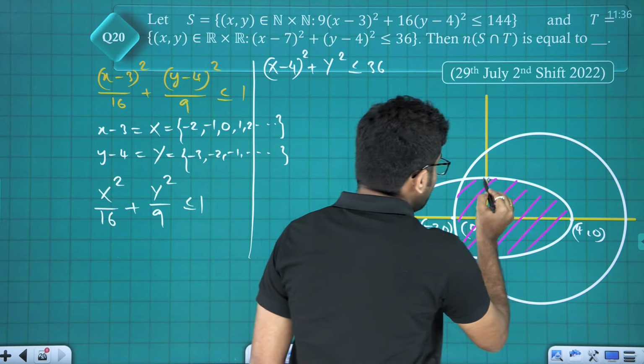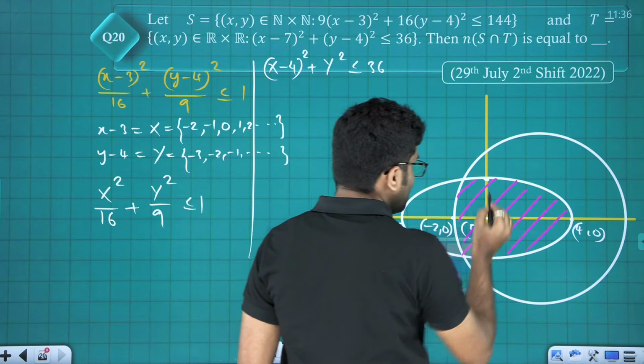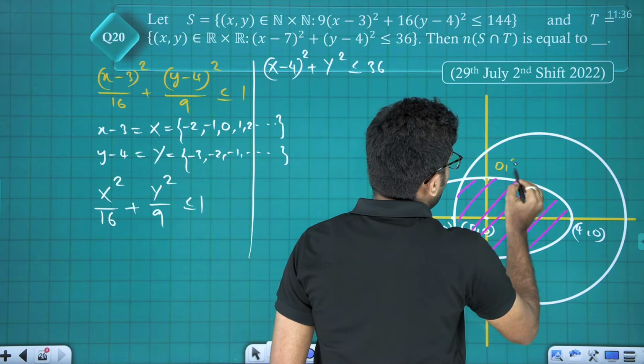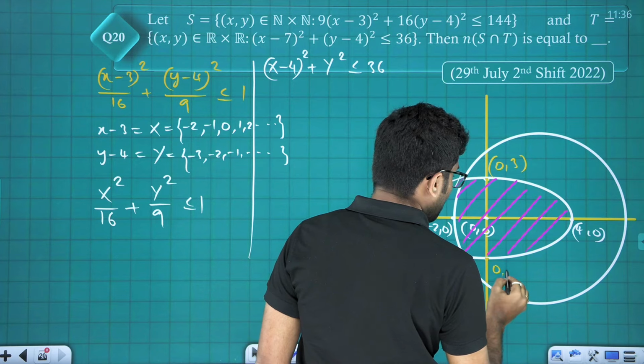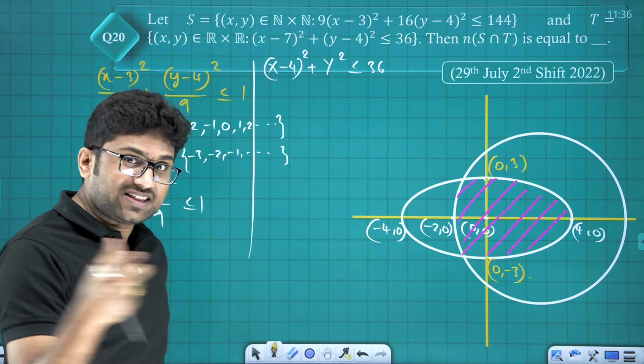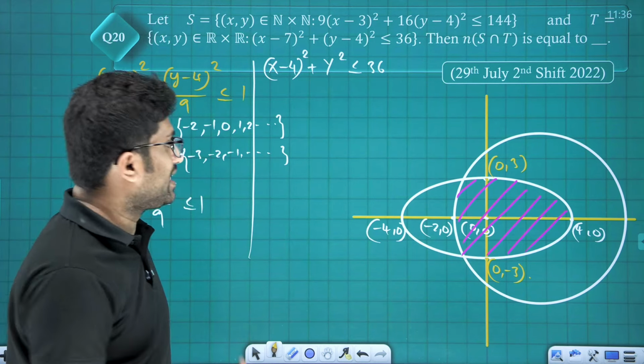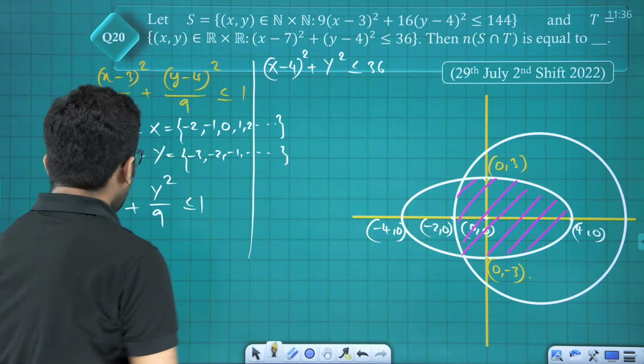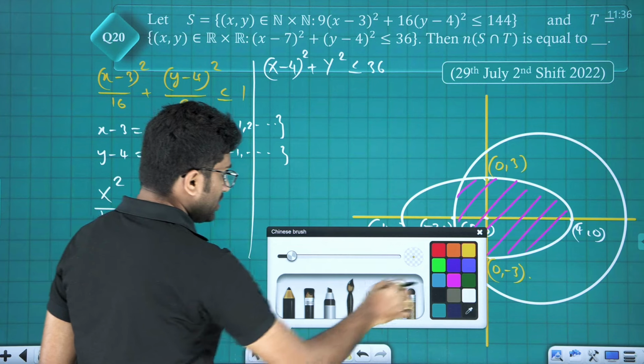See friends, this ellipse intersects the y-axis at the points 0, 3 and 0, minus 3. Now all the points which lie inside this ellipse and circle we need, those points. Now clearly we'll see what are all the points.